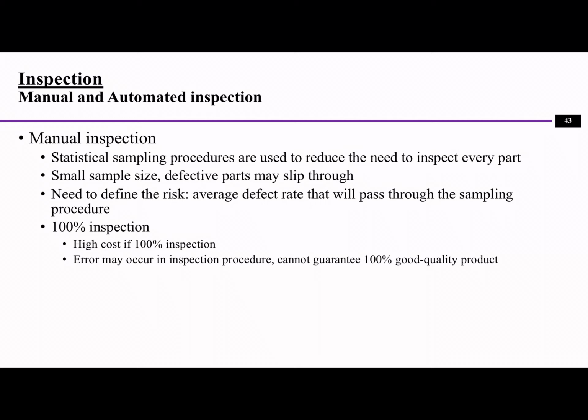If you are producing thousands an hour or thousands a day, there's no way you can manually inspect all the units. So in this case, you have to choose a selected sample. Statistical sampling is the way to do that. And the risk is that not all the parts are selected or inspected, meaning maybe some bad parts, some defects, actually slipped away from your inspection. So that's a risk.